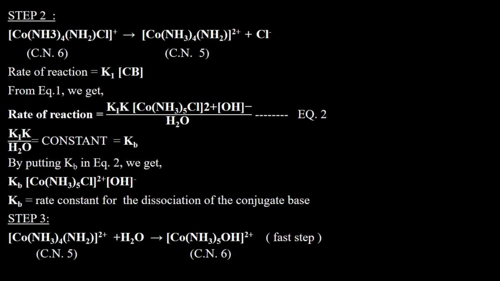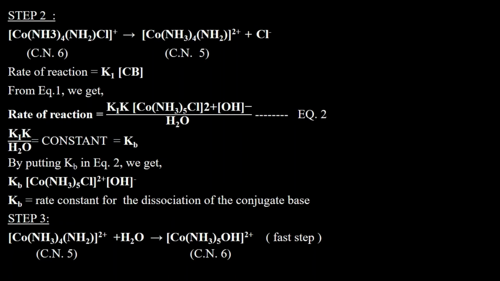K1 K / [H2O] is a constant represented as Kb, where Kb is the rate constant for the dissociation of the conjugate base. Putting the value of Kb in equation 2, we get rate = Kb [Co(NH3)5Cl]2+ [OH-].